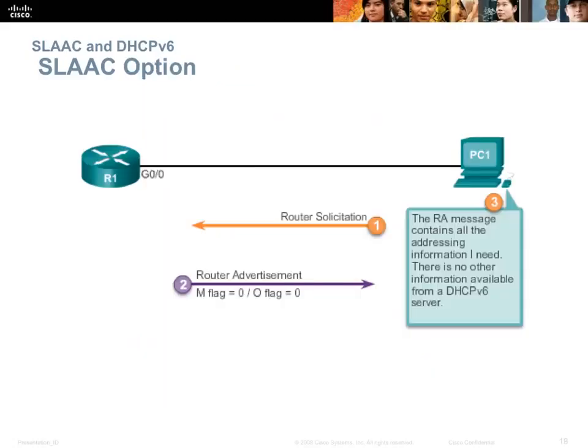You can set the flags in order to indicate which of those three options you want. If these are both set to 0, it's the default, right? I think I have that right. The RA message contains all the addressing information I need. There is no other information available from a DHCP server. It has what we need. Would you ever connect devices and not give them a DNS address?